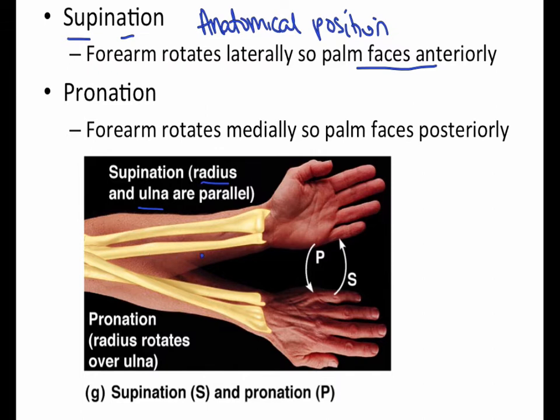And then pronation is when your palm faces towards the posterior. Supination is when your palms are facing up. Pronation is when you turn them over. What happens now is your radius rotates over your ulna. So that's supination and pronation.